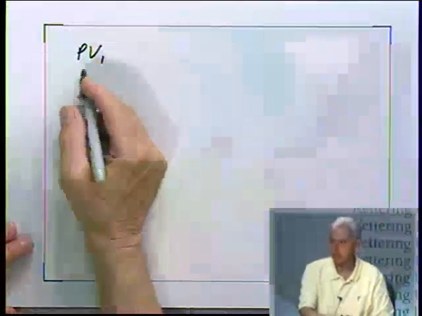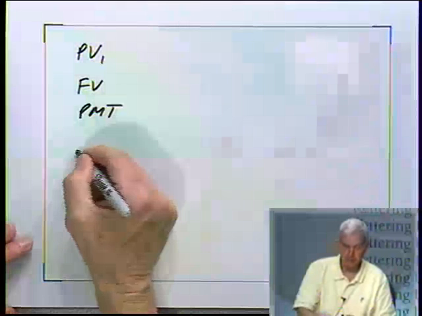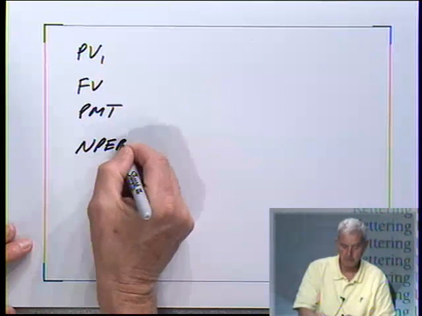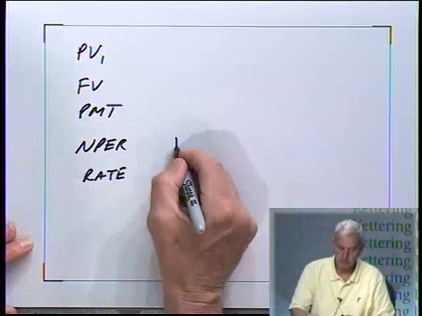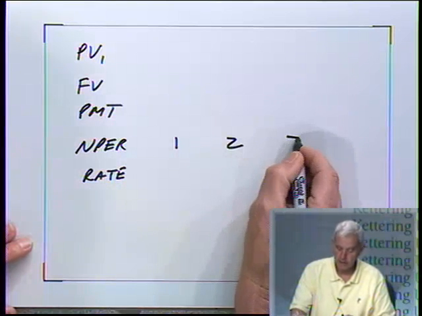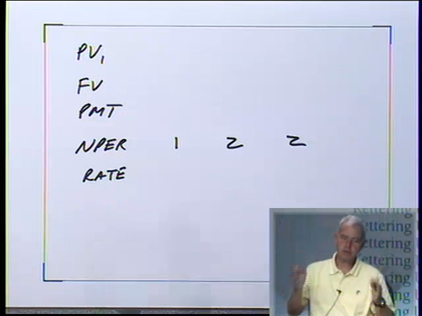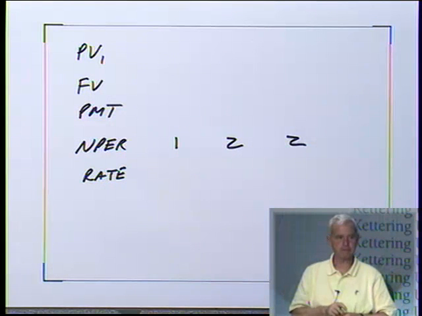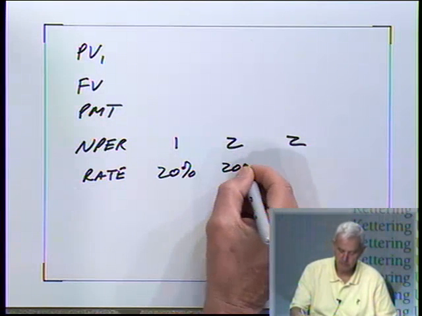PV1 would be the present value 1 year from today, future value, payment, number of periods, and rate. And the periods would be 1, 2, and 2. We chopped off the first column and shortened everything by one time period. The rate is 20%.